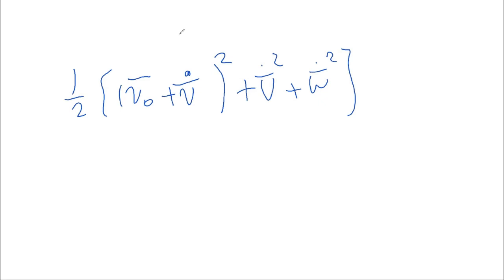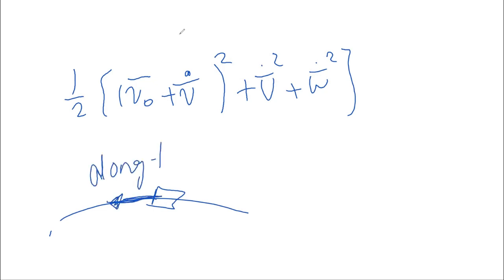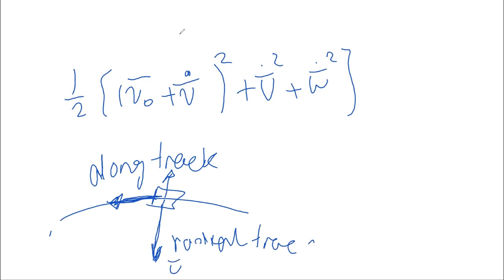If we have a satellite moving along the orbit, the satellite moves in that direction along the orbit. It's called the along track. And this, towards or outwards from the Earth center, is called the radial track, and here I show it by U bar.